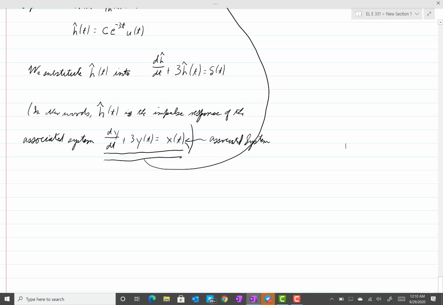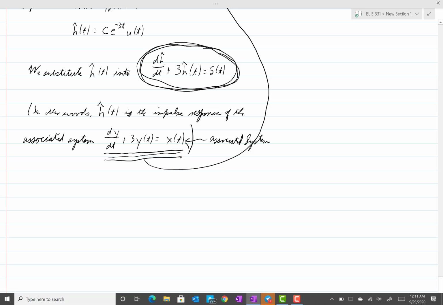Okay, so as I said, here is the equation that we want to look at, because we're going to stick in h hat for y, since h hat is the impulse response of this associated system, and we will stick in the impulse for x. So that's where this equation up here comes from.